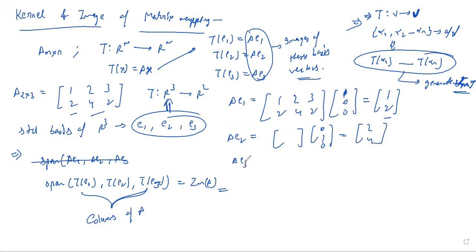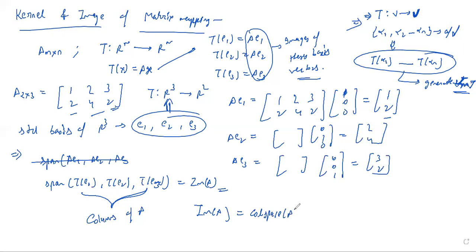Similarly for A E3, multiplying by E3, which is 0, 0, 1, gives us 3, 2, which is our third column. So the corresponding images of these basis vectors are actually the columns of A, and from this we can see that the image of A is precisely the column space of A.